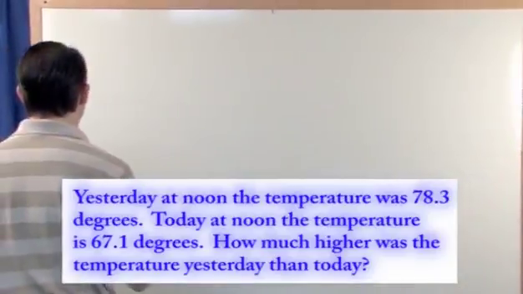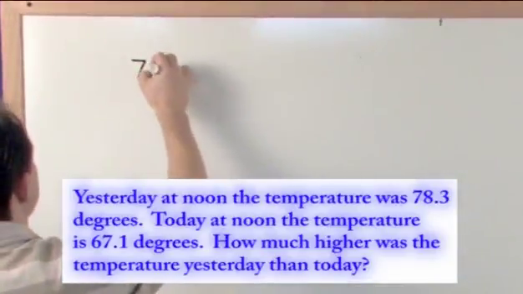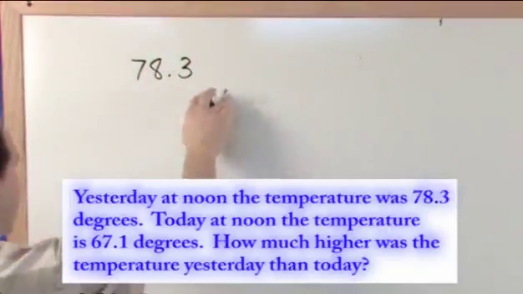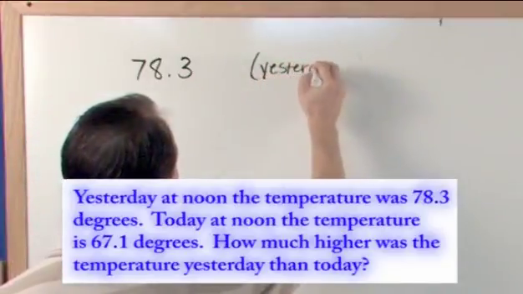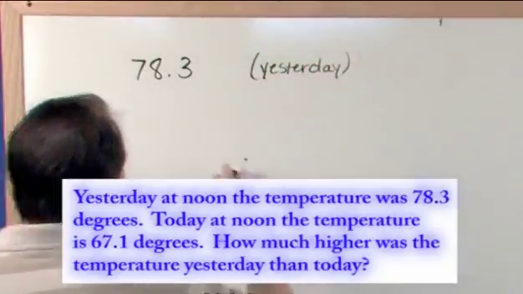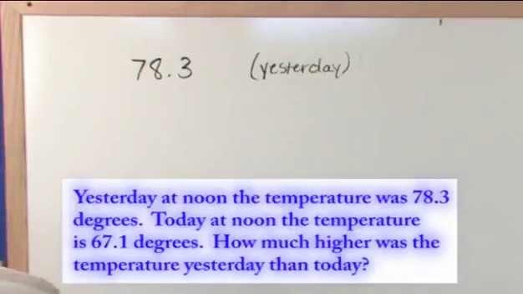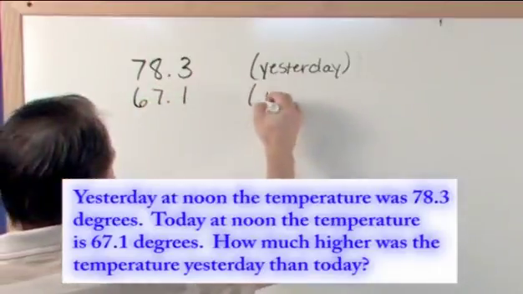Okay, so writing that down, it was 78.3 degrees yesterday, and I'm just going to write that down as a note to myself, because paper is cheap, and it's good to remind yourself what you're talking about. And today is 67.1 degrees.